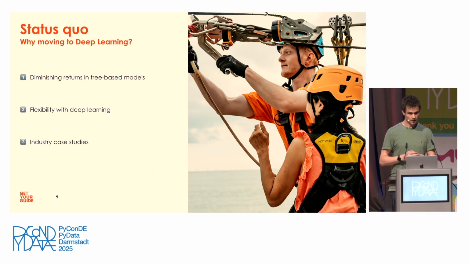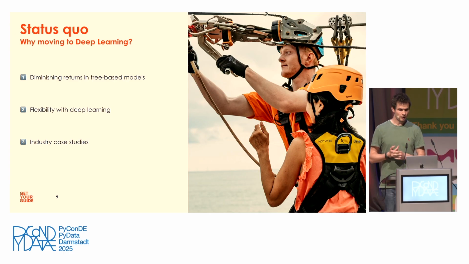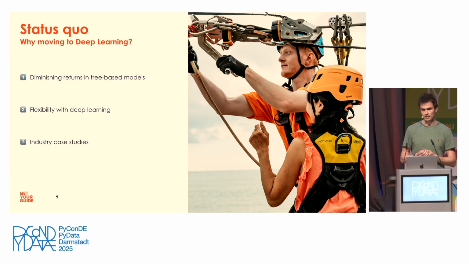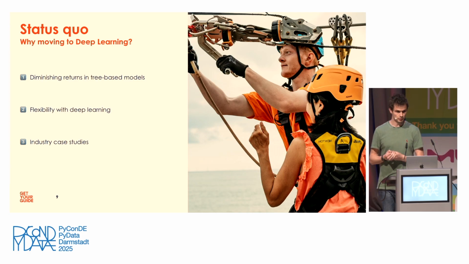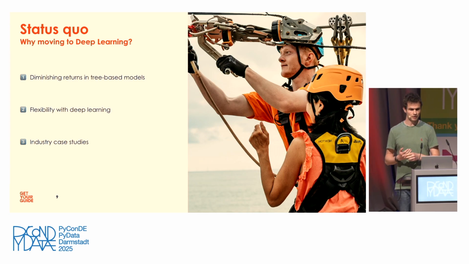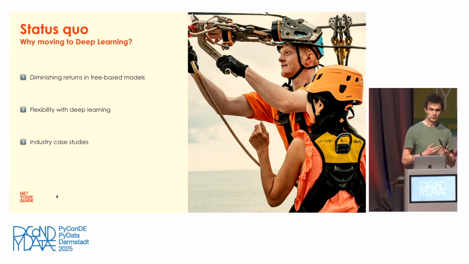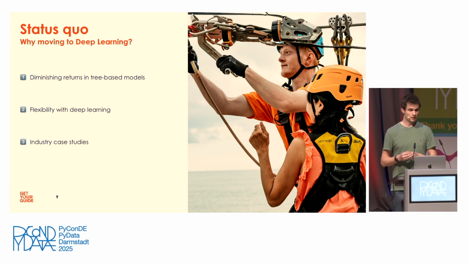But maybe you will ask why we want to move to deep learning. First, we saw that we had diminishing returns with our tree-based approach, so we felt we were reaching the limits of what was possible with XGBoost. Second, deep learning offers a lot of flexibility, in particular in terms of model architecture and being able to customize the loss.